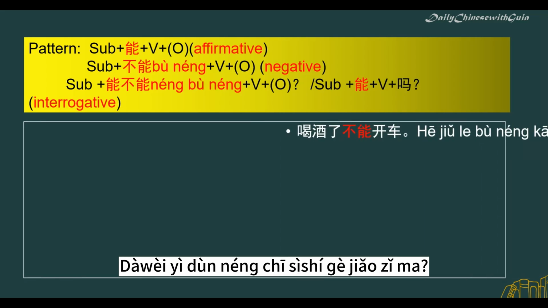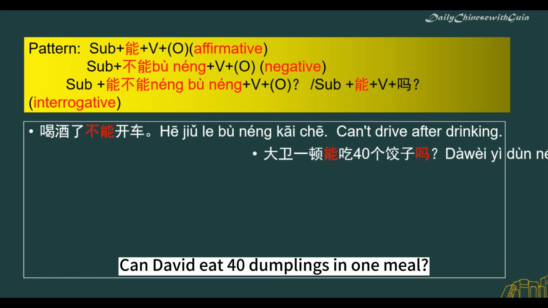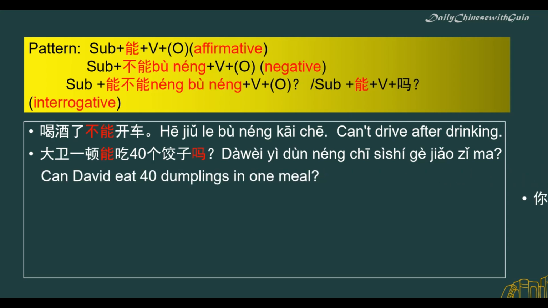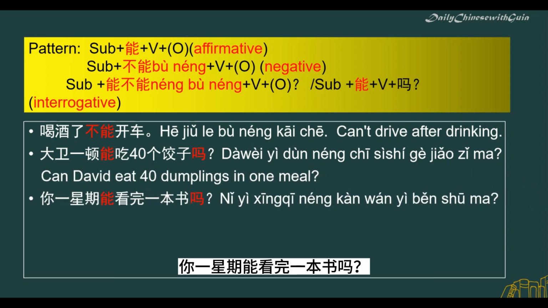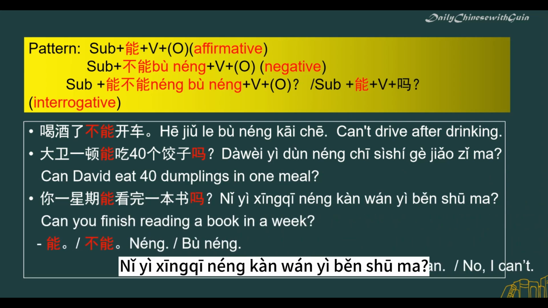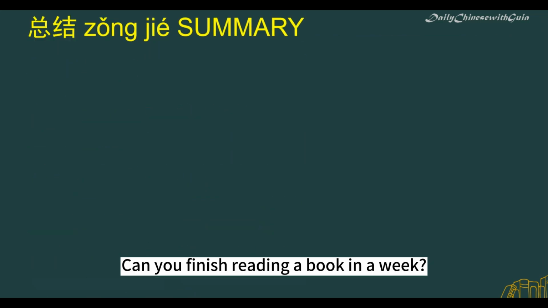Let's see some examples. 喝酒了不能开车。大卫一顿能吃40个饺子吗？你一星期能看完一本书吗？能，不能。Okay, now let's make a summary.